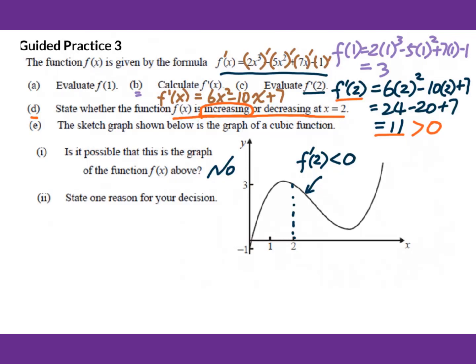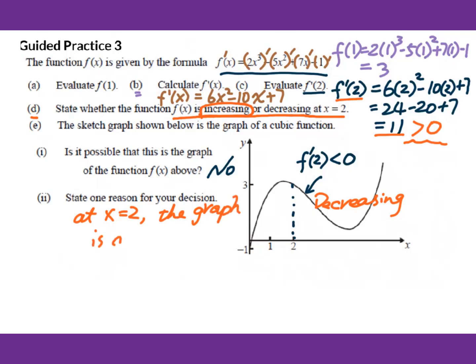But what we got from here is positive. That's why this is decreasing. That's the reason f prime of 2 is negative. State one reason for your decision: you could say at x equals 2, the graph is decreasing.